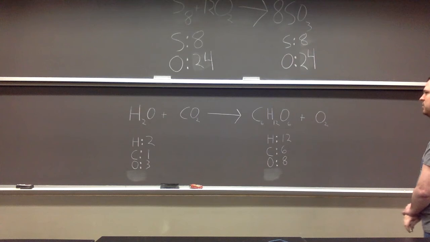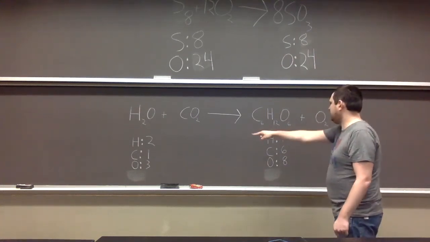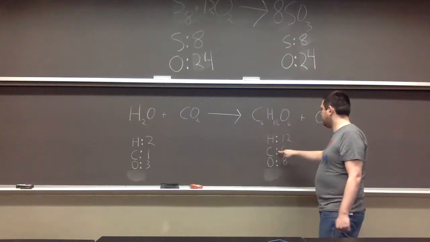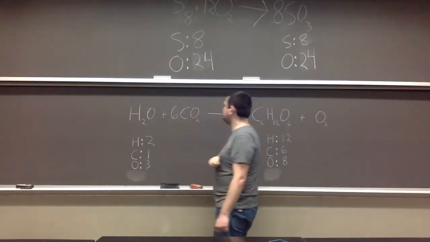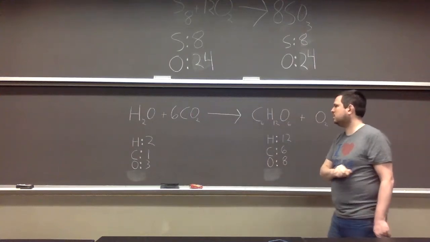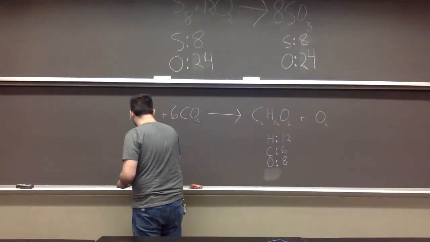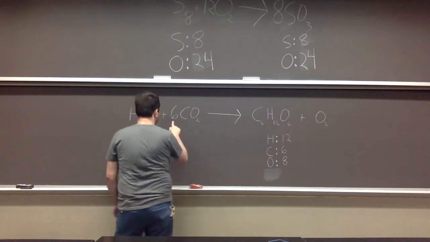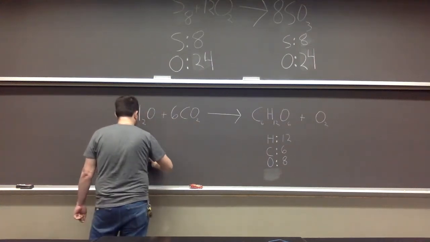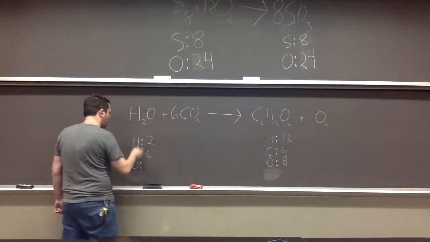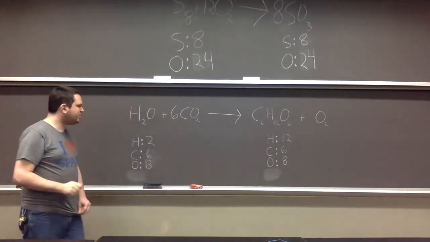Well, let's balance the carbon first. Since it has 1 next to it, it's the easiest one. 1 times 6 is 6. So we throw a 6 down there. We change the carbon to 6. And the oxygen, 6 times 2 is 12, plus 1 more, 13.